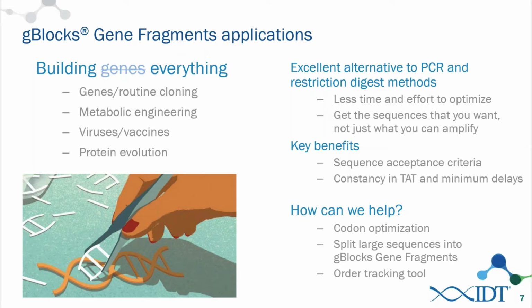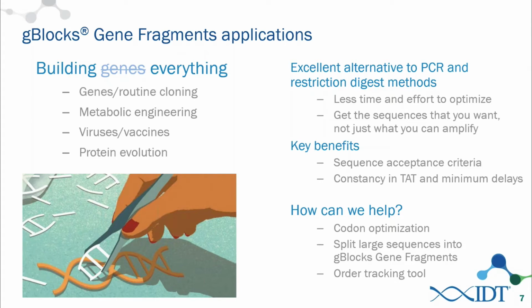We have a very large acceptance criteria. We can't accept every sequence that's envisioned, but we have a very large acceptance criteria for sequences, and again we have that consistent turnaround time and a minimum of delays. We also have a synthetic biology design group that is dedicated to assisting customers in projects and helping get those projects into the pipeline.